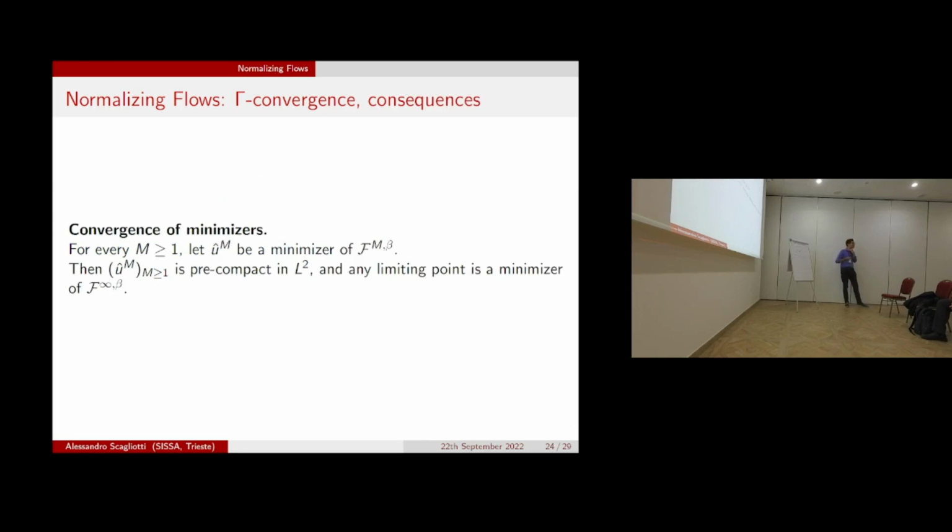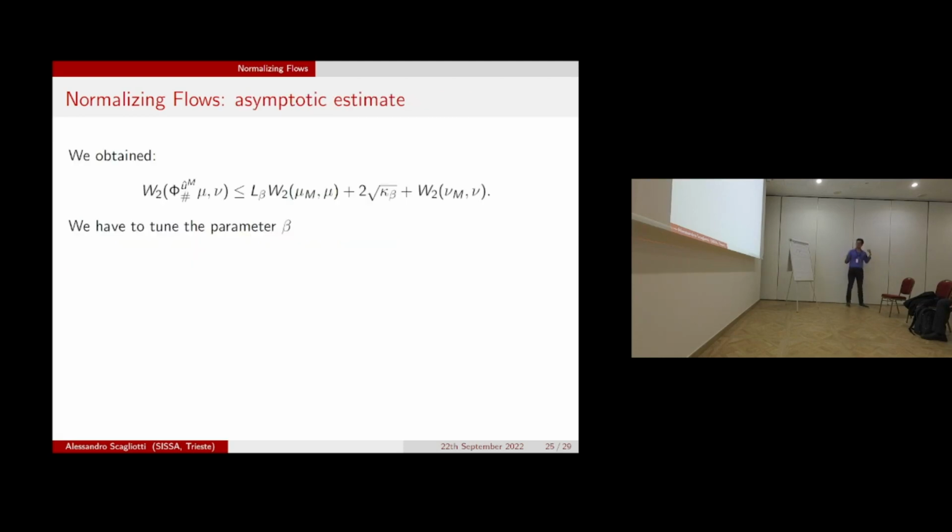Once again, what are the consequences of the gamma convergence result? The minimizers of the functional Fm are converging to the minimizers of the functional Fv, exactly as before. What is even more interesting is this inequality on how good the approximation is. The quality of our approximation can be measured in terms of these three terms.